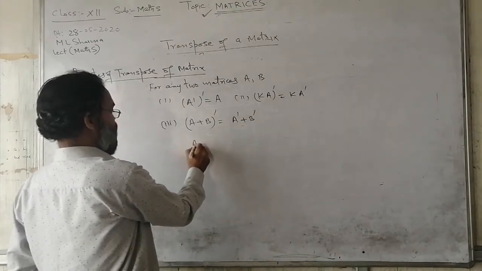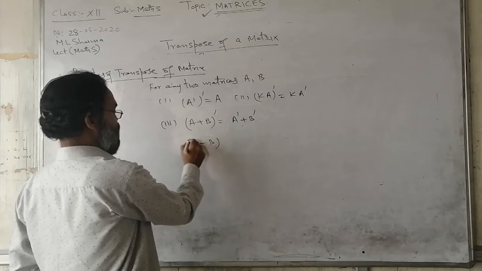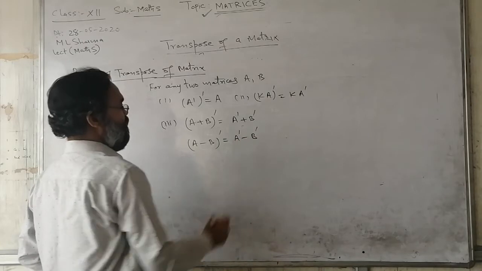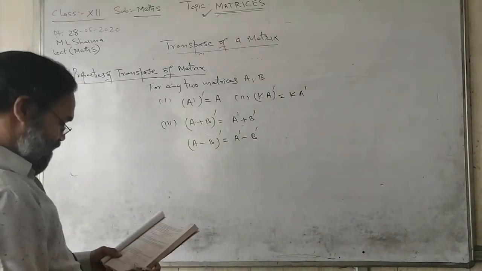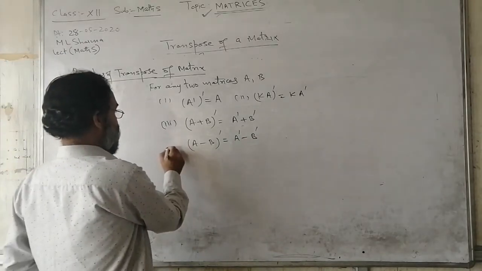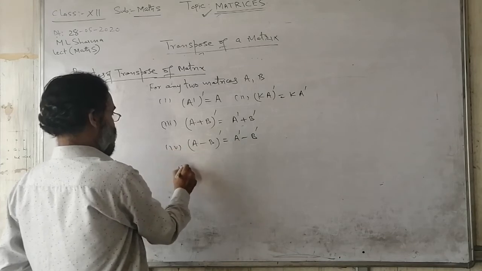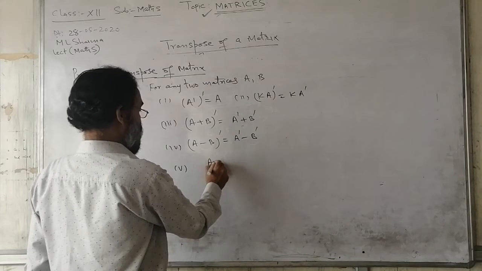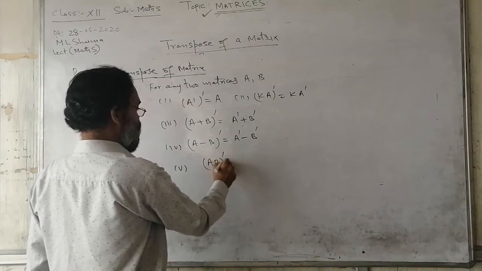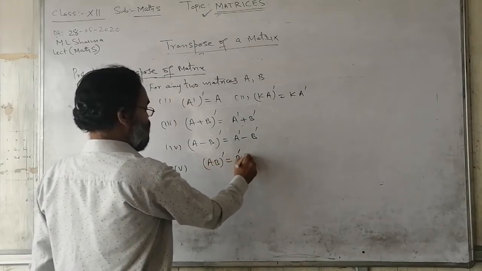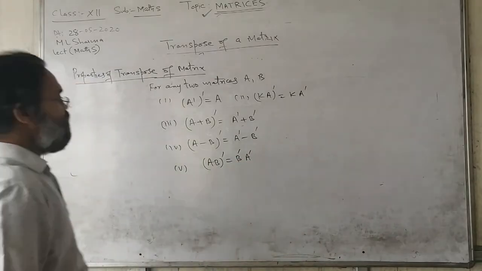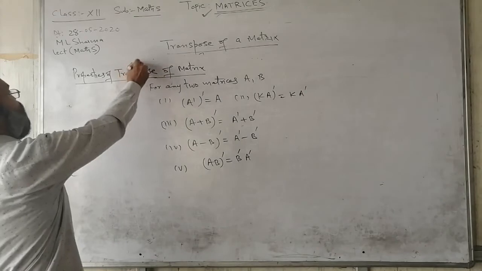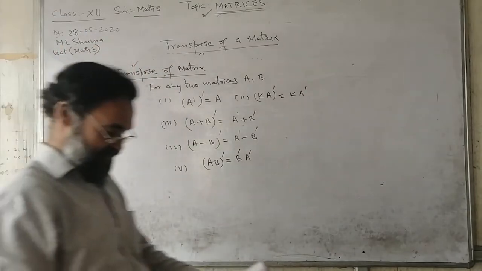And similarly, if I have A minus B, its transpose will be A transpose minus B transpose. And then fourth property. The fifth property says the product AB transpose is B transpose A transpose. So these are the 5 properties of transpose of a matrix.